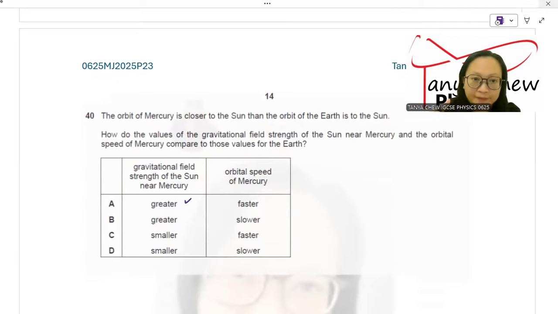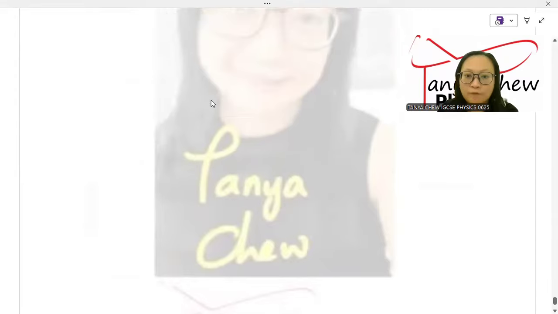And then the orbital speed of the Mercury, because the orbit is small and the gravitational field strength is stronger, so the gravitational force acting on the Mercury is larger. That is why Mercury has a faster orbital speed. A is the answer.